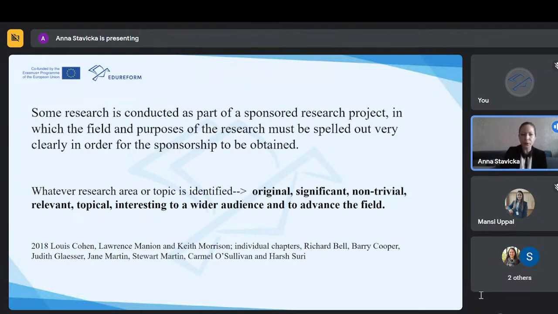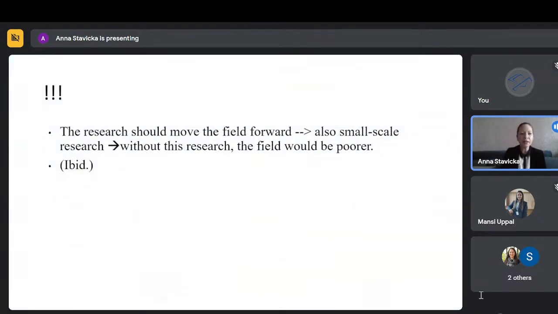This is most important, so this is why I have three exclamation marks. The research should move the field forward. It may also be small-scale research, but without this research, this field would be poorer. This is what you have to consider: how to advance the area.